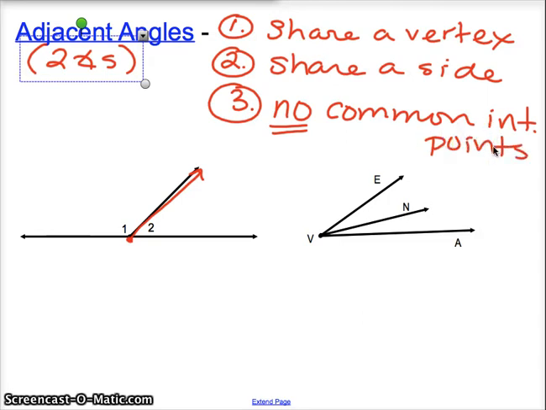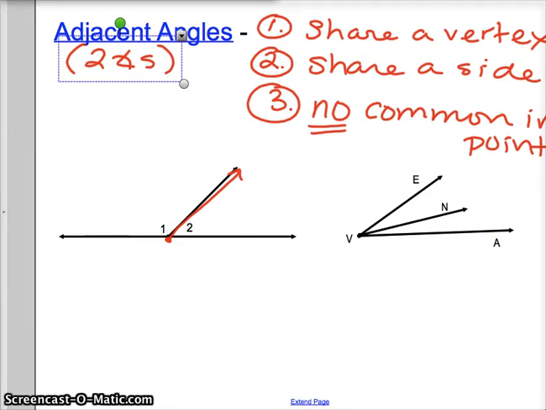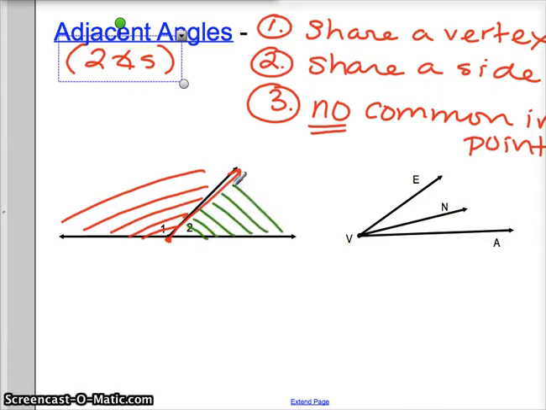We've got angle 1, right? Here is my interior space of angle 1. This is my interior space of angle 2. They are not overlapping. There's no common interior points. They do share a vertex. They do share a side. 3 conditions are true, making angle 1 and angle 2 adjacent.